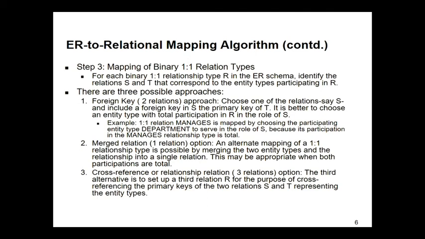So we have the idea of the foreign key, or two relations approach. So again, we have a foreign key in S, and it's the primary key of the other. So what do we have?